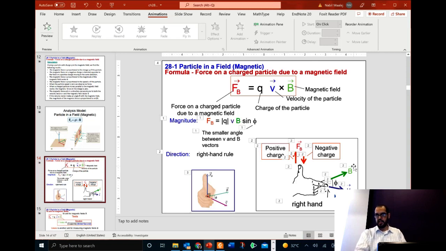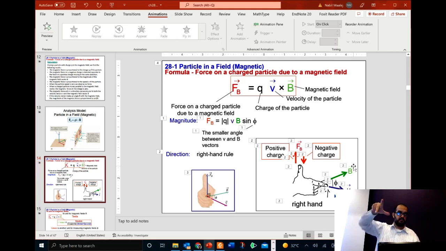We said the direction is obtained with the right-hand rule. You point your first vector, which is the velocity vector, in the direction of your index finger, and the second vector, which is the magnetic field vector, along the middle finger. Your thumb will be pointing in the direction of the force, if the charge is positive.